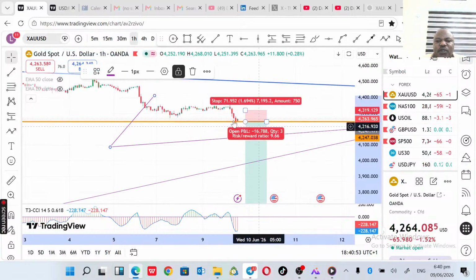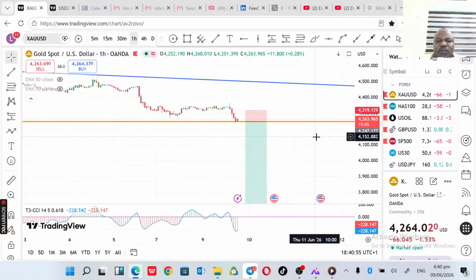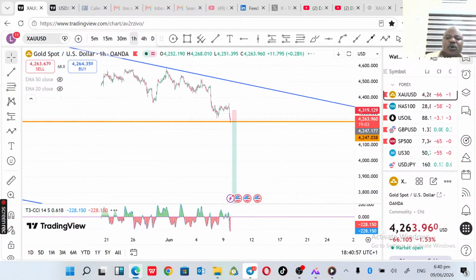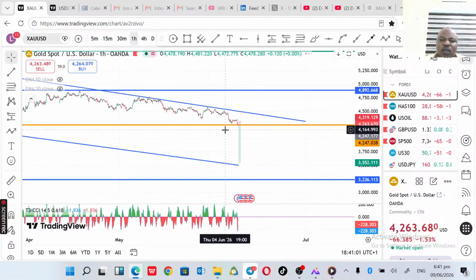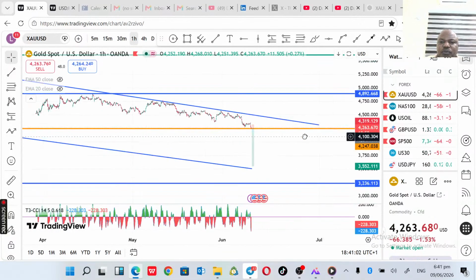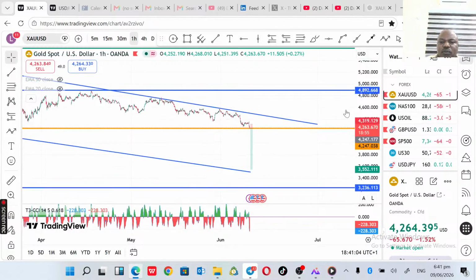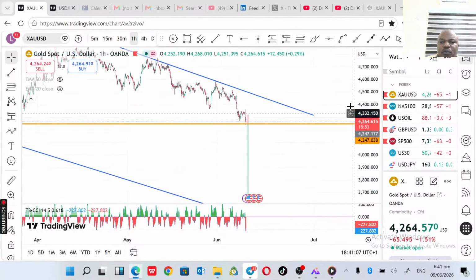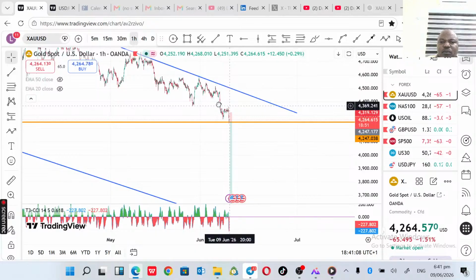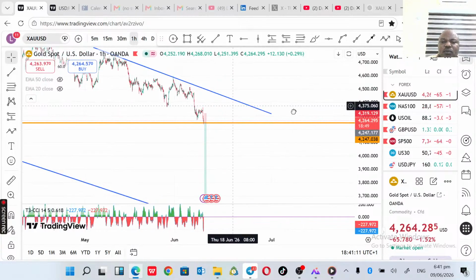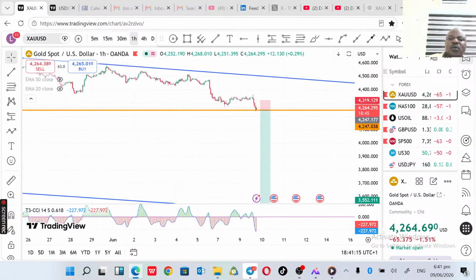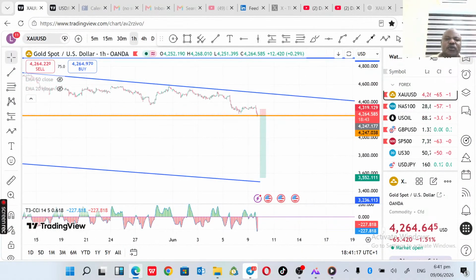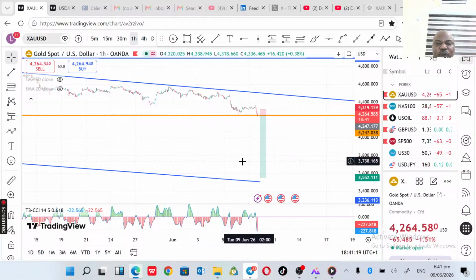Let me remove this so it doesn't make our screen look so ugly. So this is our expectation for today on XAUUSD.